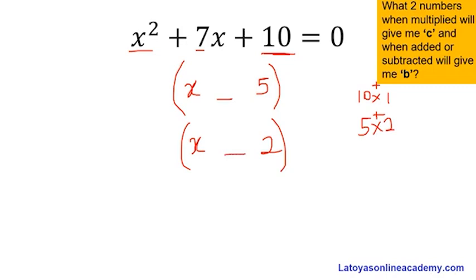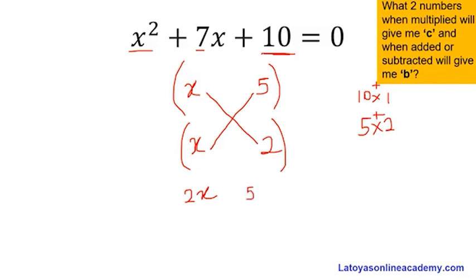Now the next thing you need to think about is what signs would you put in your brackets? Do I put negative signs, a negative and a positive, or two positive signs? Well, I want to get positive 7x. So I'm going to show you a short technique that I use to determine the signs. We're going to cross multiply. x by 2 will give me 2x, and 5 by x will give me 5x.